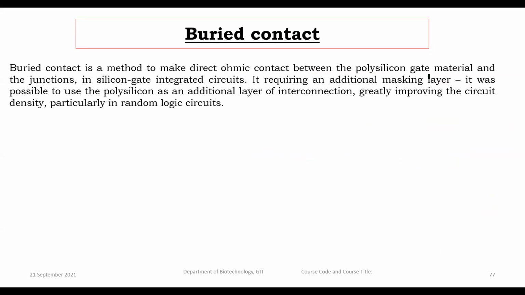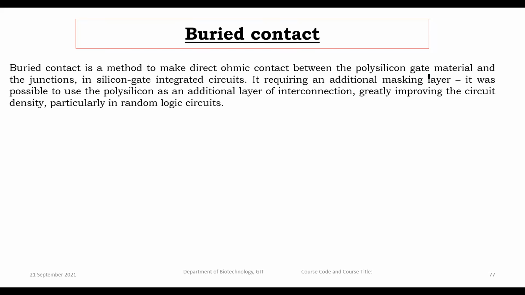In silicon gate integrated circuits, it requires an additional mask. Of course, buried contact requires additional masking layers. Generally, polysilicon acts as an additional layer of interconnection, greatly improving the circuit density, particularly in the random logic.